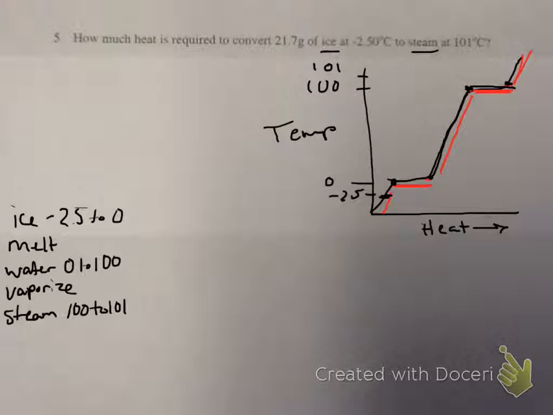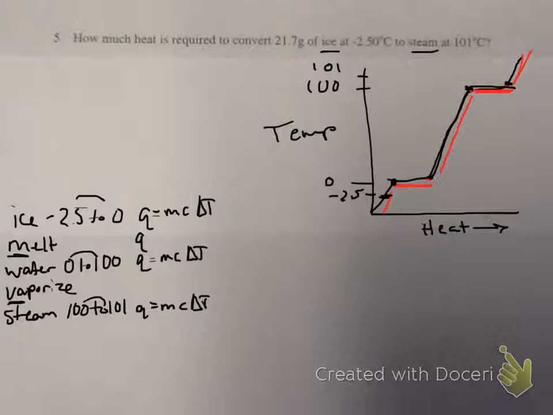Once you have your plan, anywhere you have a temperature change, like here, or here, or here, that is a Q equals mc delta T problem. Where you are going through the phase changes with melting and vaporizing, it's another equation. This one is the amount of energy it takes to melt something, and that's called heat of fusion.